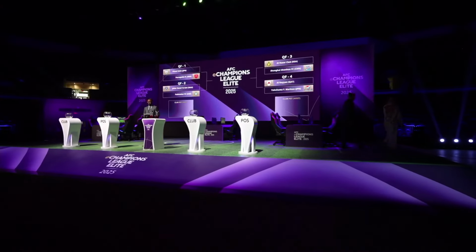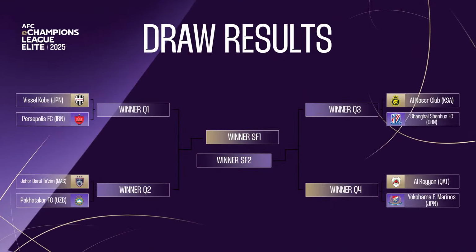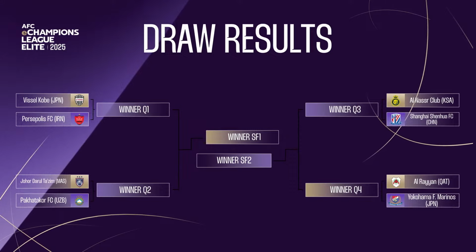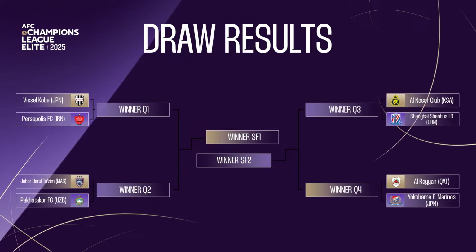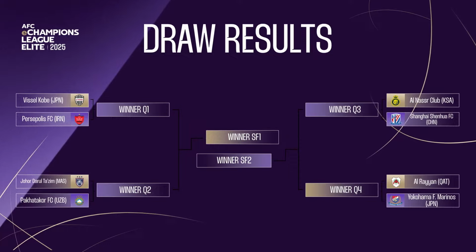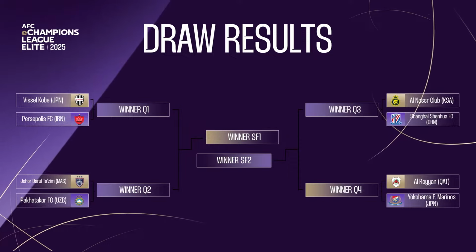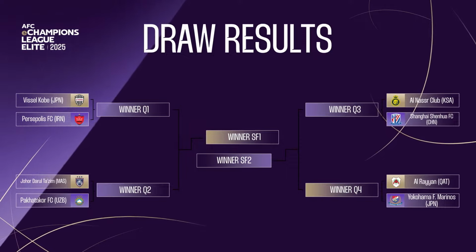Now allow me to quickly recap the draw that just took place. For quarterfinals 1, we have a match between Vissel Kobe of Japan against Persepolis FC of the Islamic Republic of Iran. For quarterfinals 2, we have a matchup between Johor Darul Tazim of Malaysia against Pakhtakor FC of Uzbekistan.